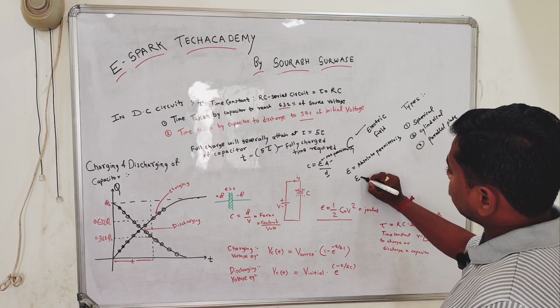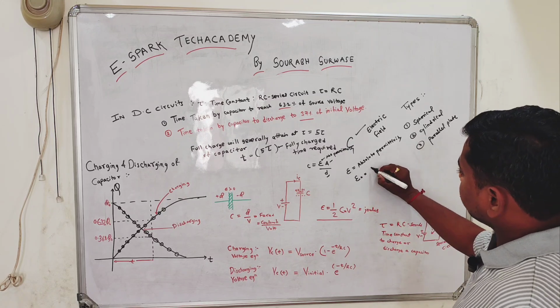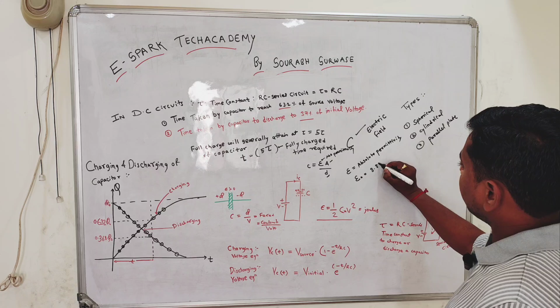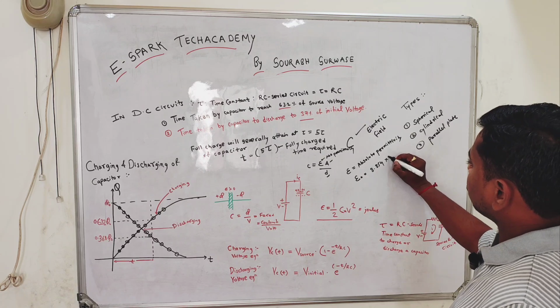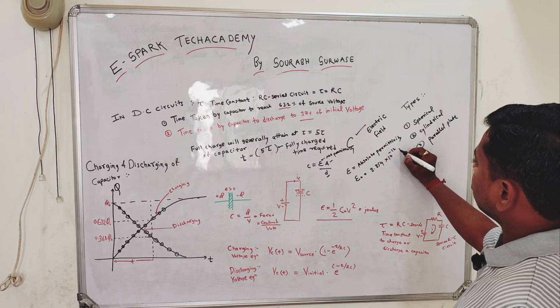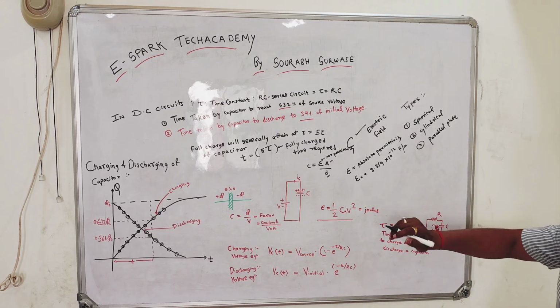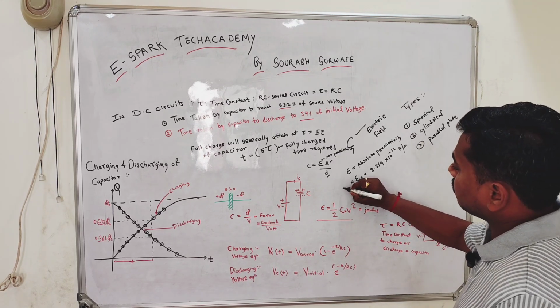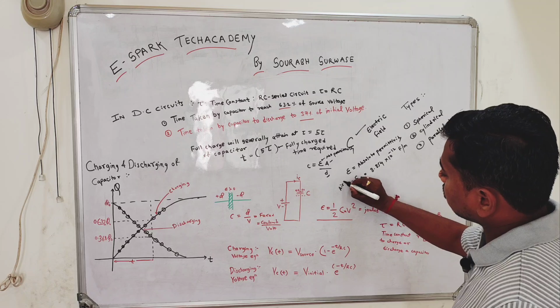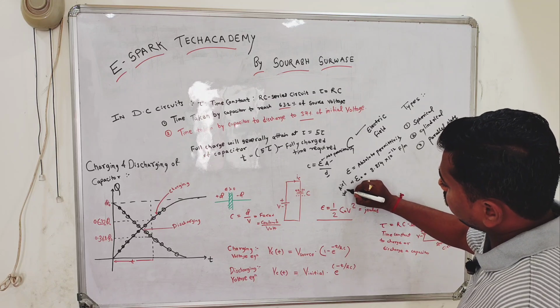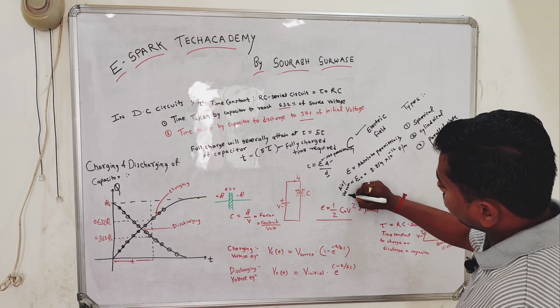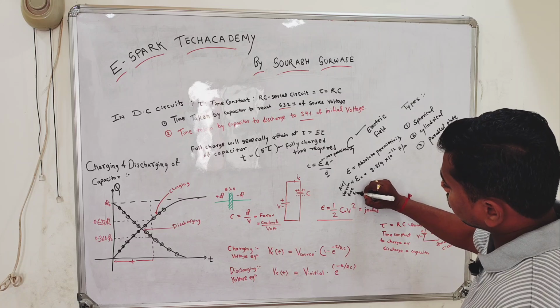And epsilon 0 is 8.854 into 10 raised to minus 12 farad per meter. This is the vacuum or air permittivity, air or vacuum, you can say free space.